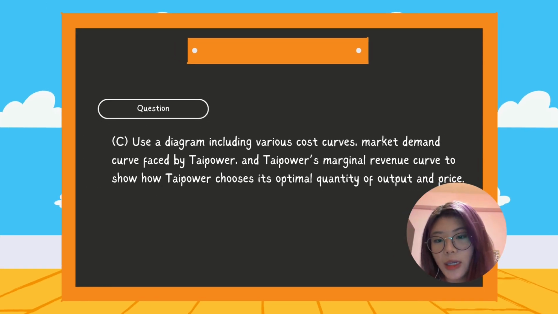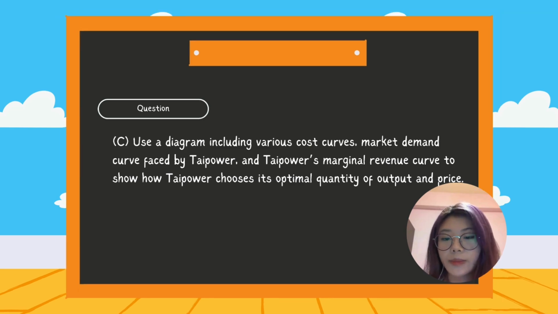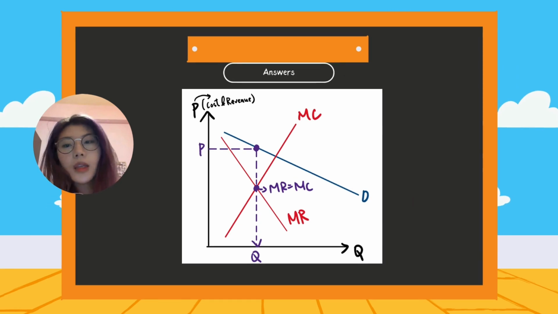And question C: use a diagram including various cost curves, the market demand curve faced by Taipower, and Taipower's marginal revenue curve to show how Taipower chooses its optimal quantity of output and price. First, the optimal quantity. Optimal means the best, so we need to find the profit maximization output. The profit maximizing quantity is where marginal revenue equals marginal cost.